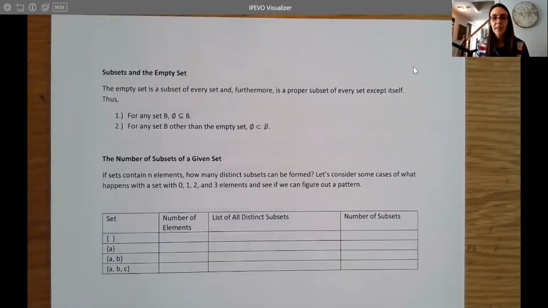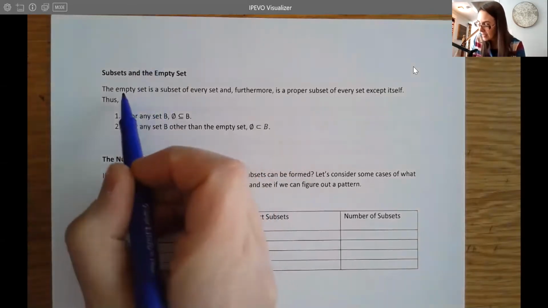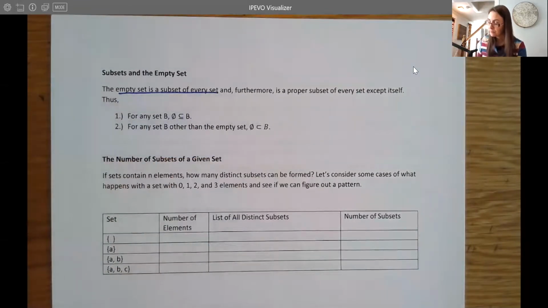So let's talk more about subsets and the empty set. So we know what the empty set is, right? It's a set with no elements. So the empty set is actually a subset of every set, right? Because you can always have no elements as part of something with elements. It's kind of a weird idea to think of it that way, but the empty set is a subset of every single set.